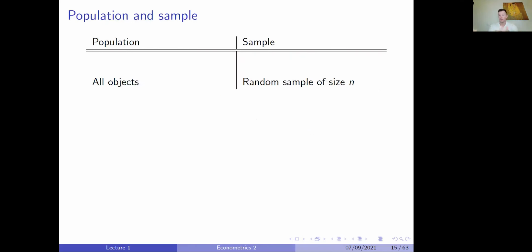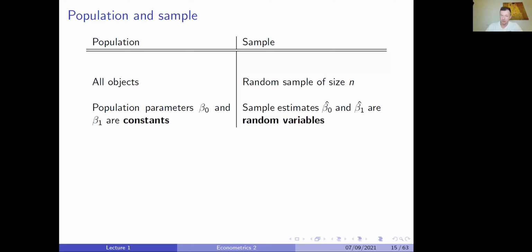So now let's compare the concepts in population and sample. What are the similarities? What are the differences? In the population, we have all objects of interest, so all school districts. In a sample, we have a random sample of size n. We randomly select several objects from the population, and we have these n observations.